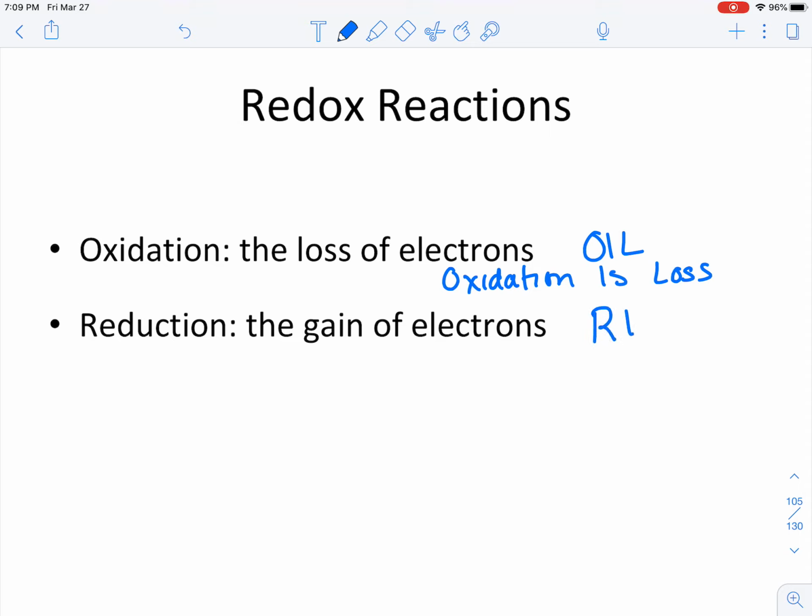We often call that RIG, and that is reduction is gain. So the way students often remember this is OIL RIG. Now I'm going to show you another way that I think is easier, but this is the way that most of you learned it if you took Intro to Chem. So I want to start off by using the format you're familiar with.